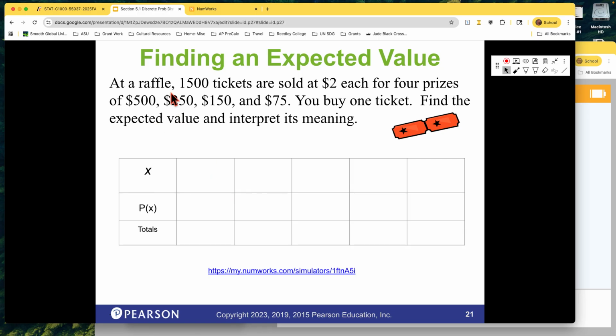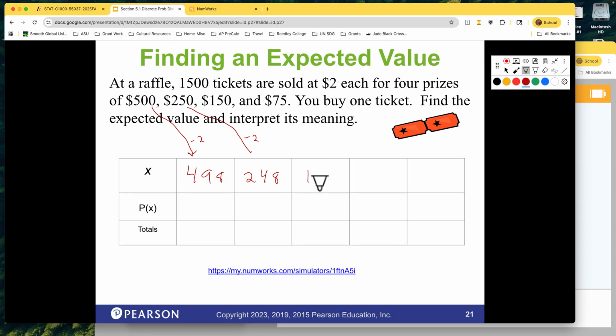So we're going to say that the X value of this prize is not 500, it's $498. The value of the next one is not 250, it's 248. So I'm subtracting 2 from each of these, right? That's the cost of the ticket.